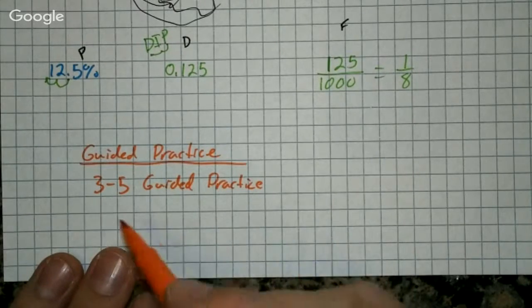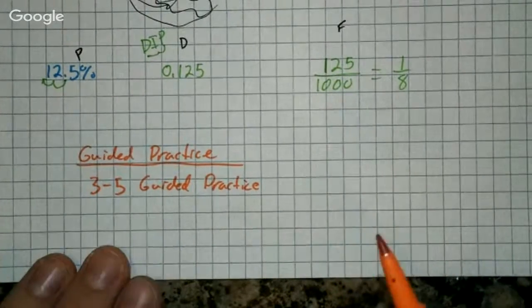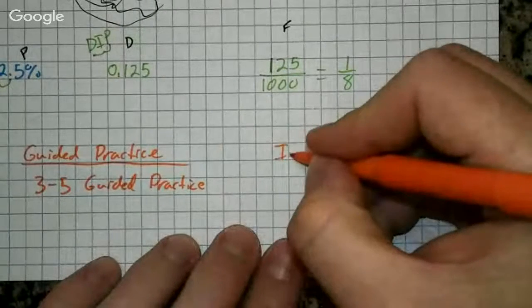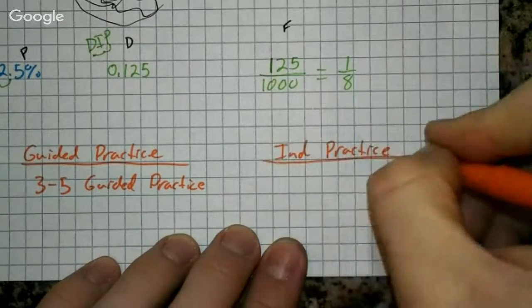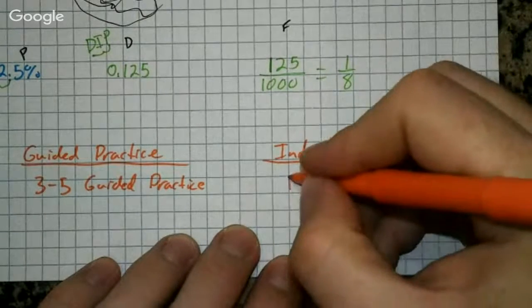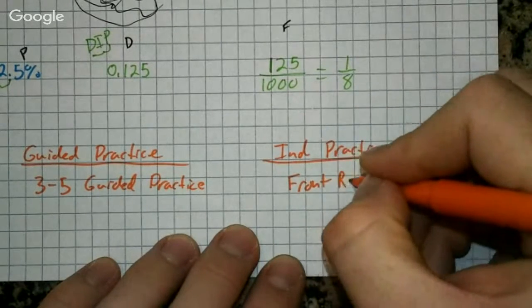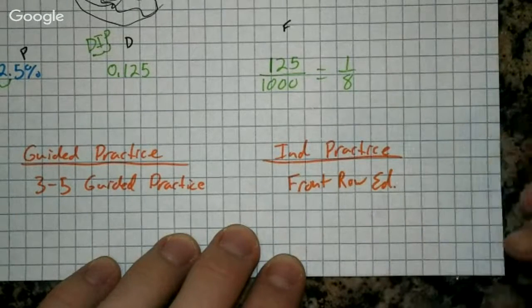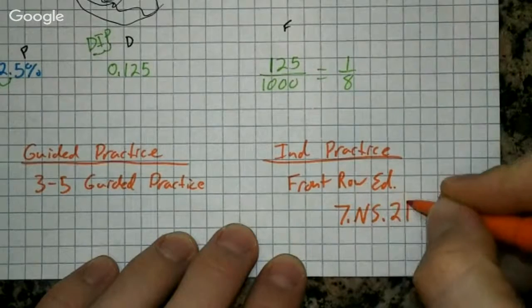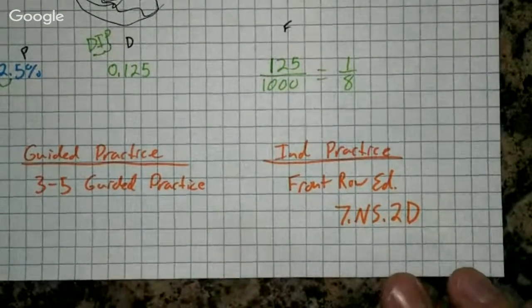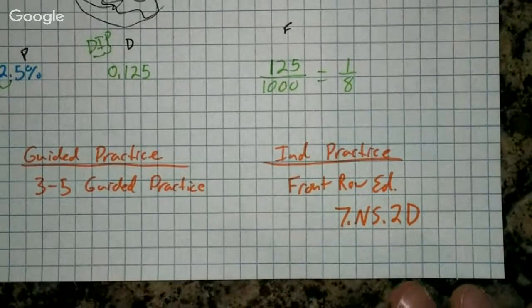I assigned that as well, but you just need to complete 3-5. For independent practice, is going to be Front Row Ed. And you are going to go to 7.NS.2, and you're just going to do D. We've done B. I think we've already done B twice. So you're going to go 7.NS.2.b and d. And that's your work for today.